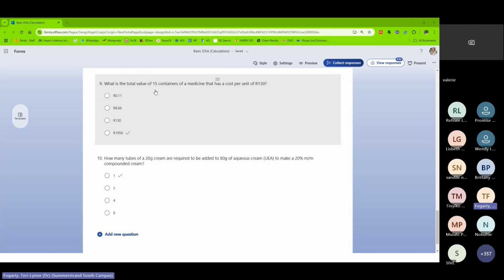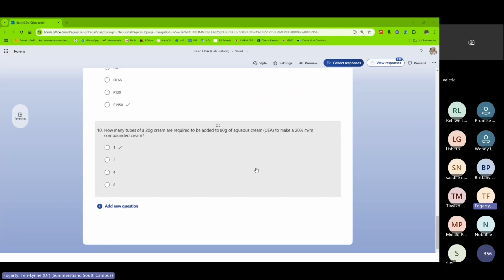And then this last one, you basically need to understand again what percentage mass per mass means. So 20% mass per mass means 20 grams in 100 grams because you're working with weight. If you know what 20% means, it means 20 grams in 100 grams.